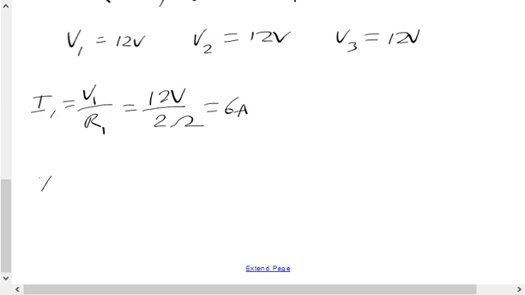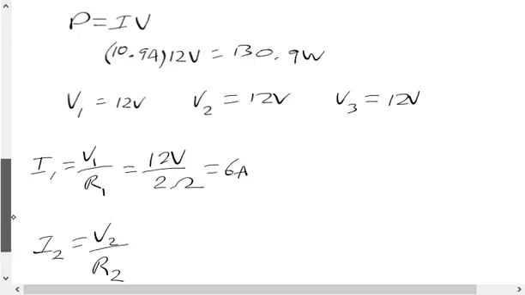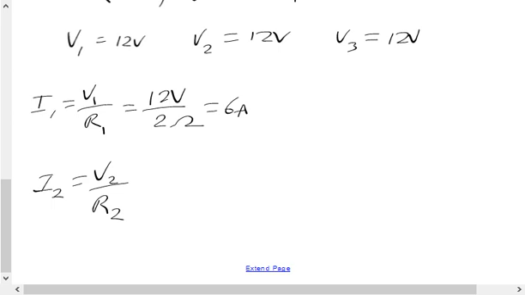For the next one, the current going through resistor number 2 is equal to the voltage of resistor 2 divided by the resistance of resistor 2. That was 3 ohms. So we are looking at the 12 volts divided by the 3 ohms. That gives us 4 amps. I don't know why I wrote the A twice. So 4 amps.